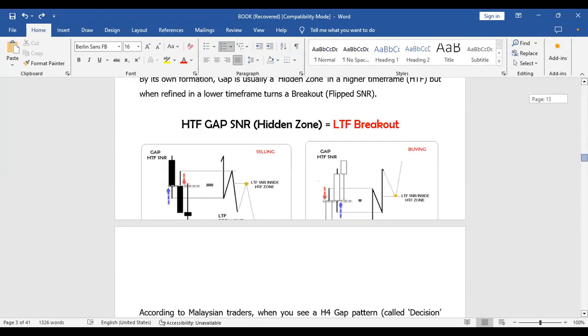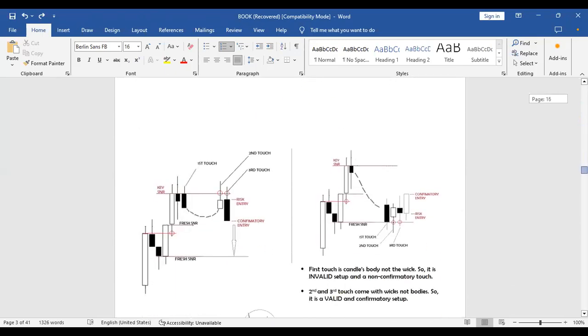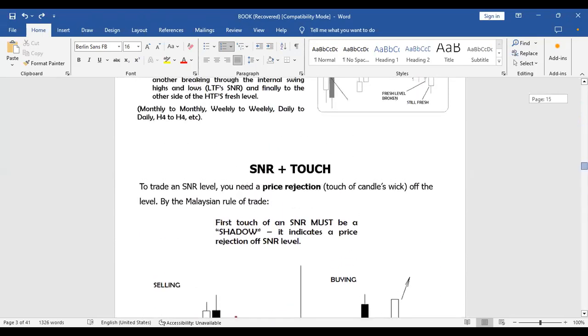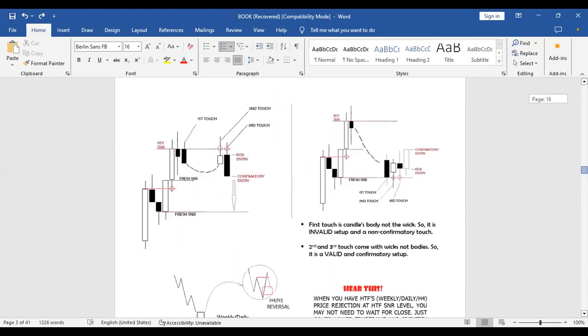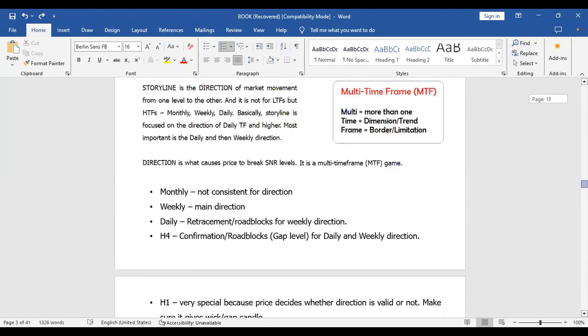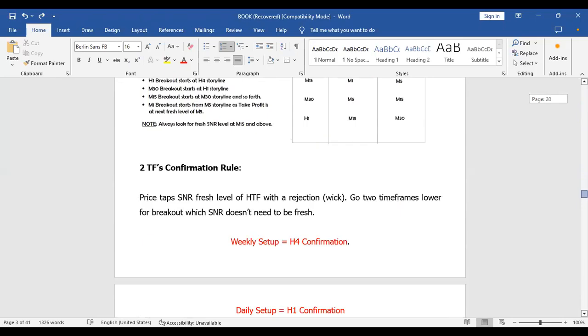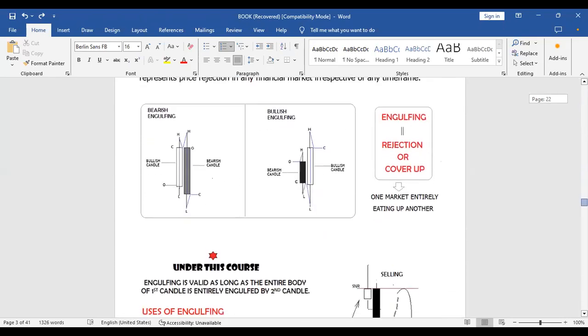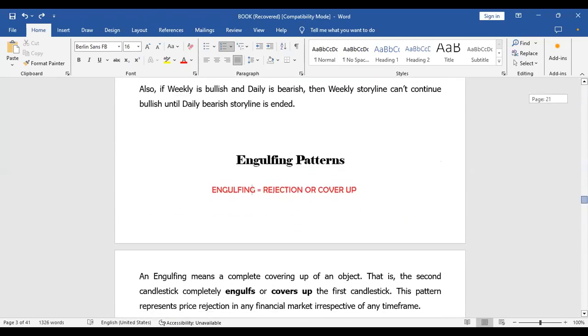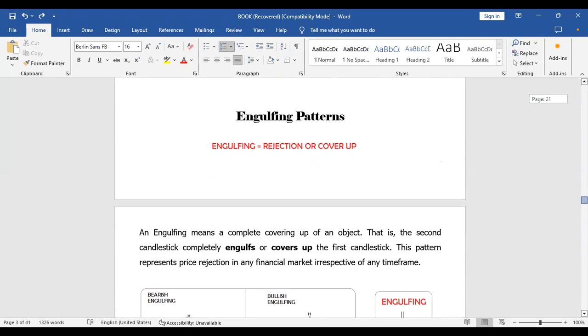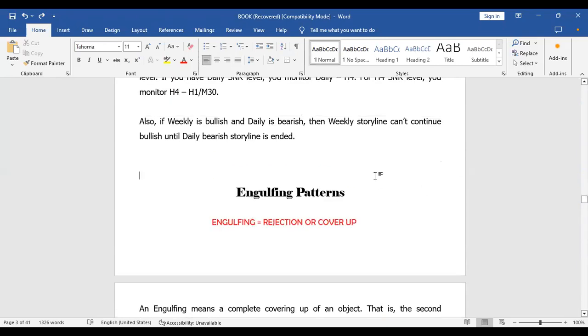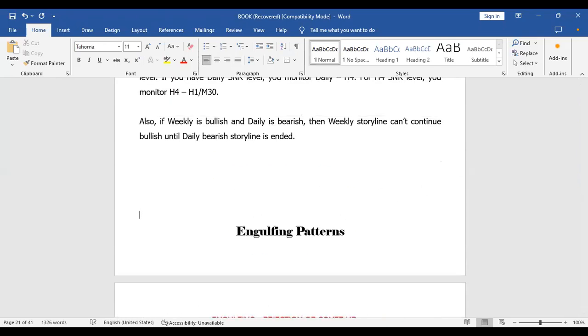We'll be able to cover this area: touch, miss, the rest of them. Confirmation, use confirmation, and the engulfing patterns. Is it the PDF?